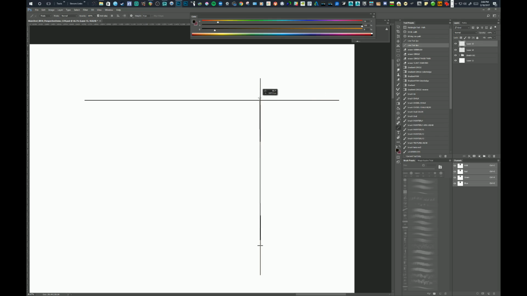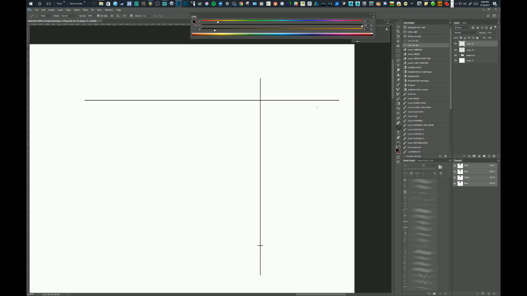So if I wanted to, I would go 30 degrees to the right. So right now it's 90, 80, 70, 60. All right, so we're at 60 degrees right now. So I'll just drop that line.